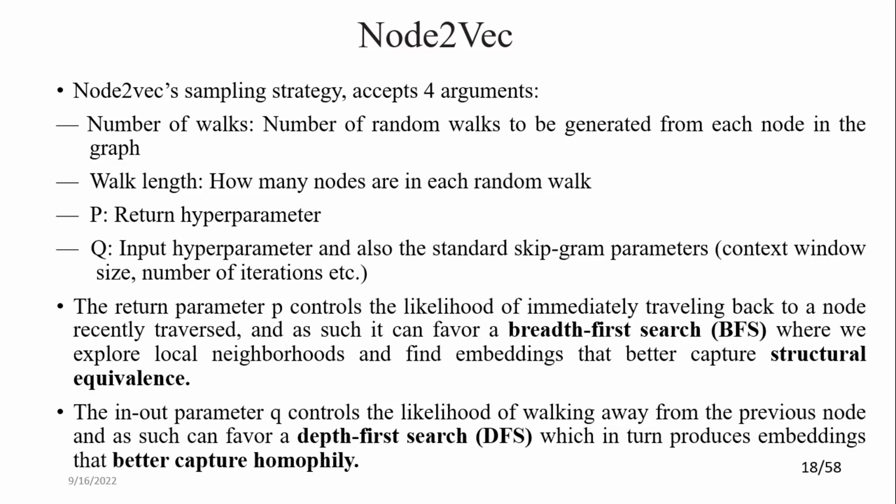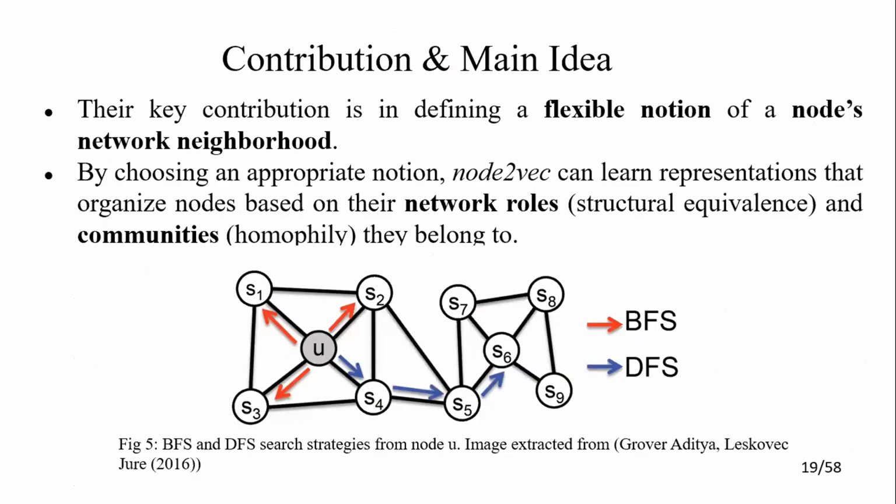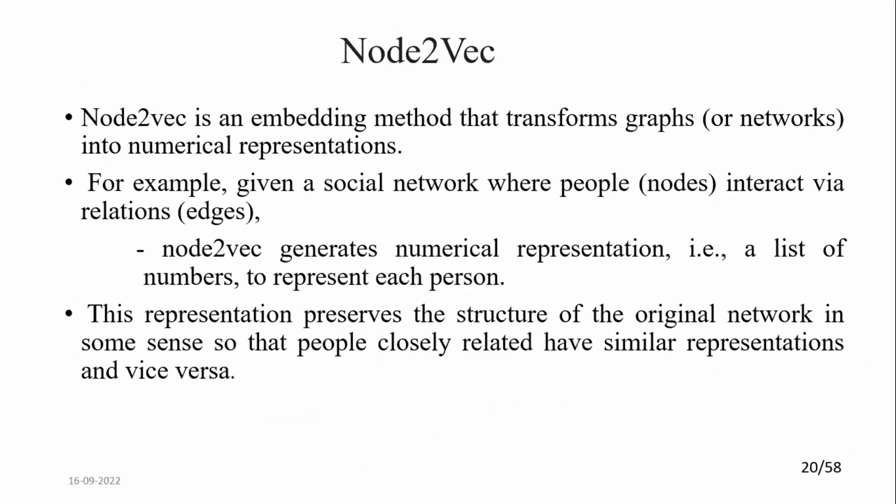Depth first search focuses on identifying the communities, not only the nearest neighborhood but also the other nodes connected to the communities. So we use this network mainly for two purposes: network roles and identifying communities, that is structural equivalence and homophily. The two strategies are DFS and BFS.